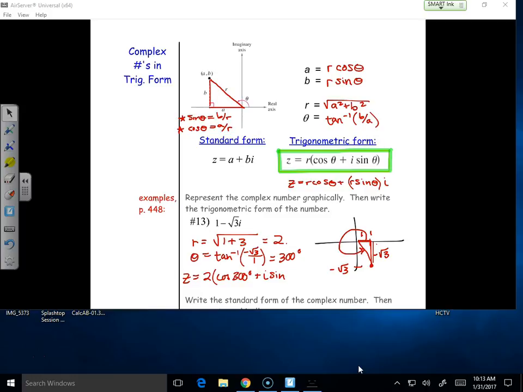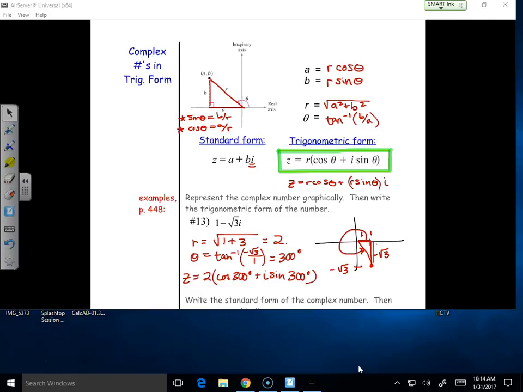Why do you think they put the i in front, even though normally we don't put the i at the front? Why put the i in front? If you put the i after the sine, it gets kind of confusing. It keeps it separate.